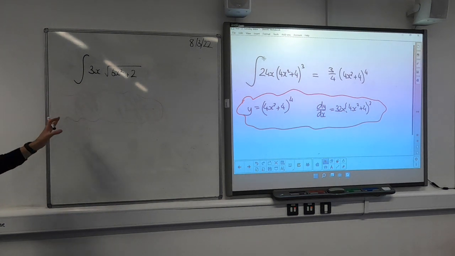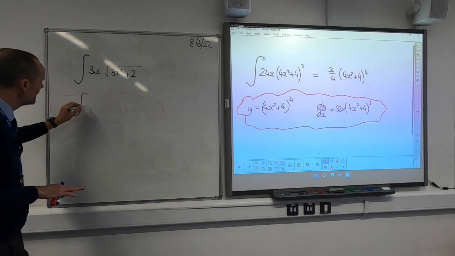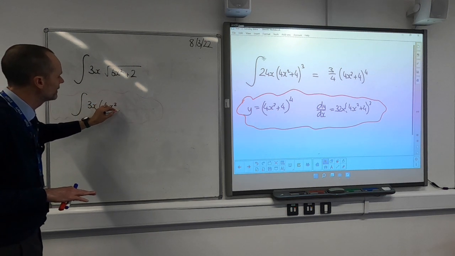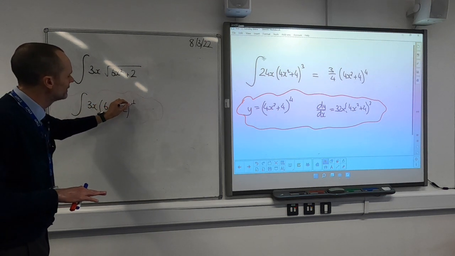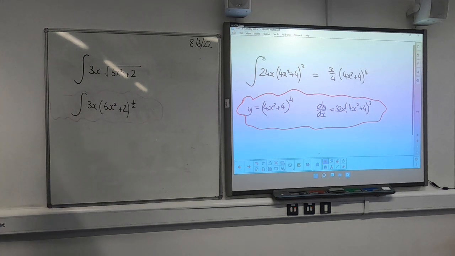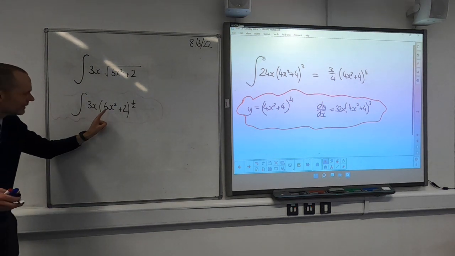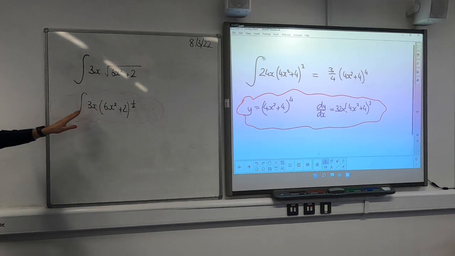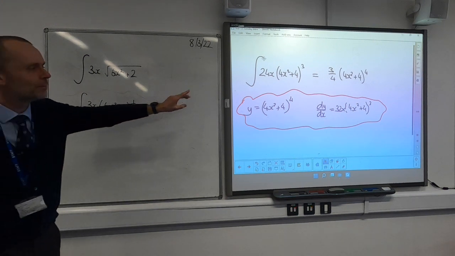Well, it's obviously not a log one because it's not a fraction. But as is nearly always the case, the secret here is to rewrite it like that. And I can't help noticing that when I differentiate that, I don't get that, but I get something that looks a bit like that.